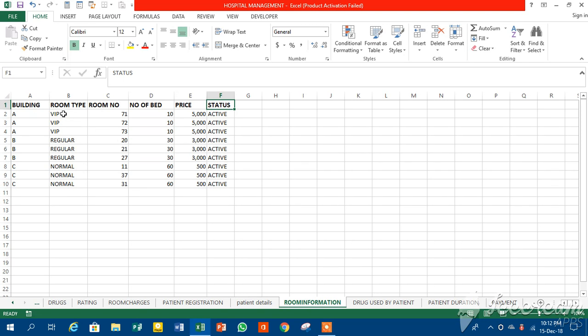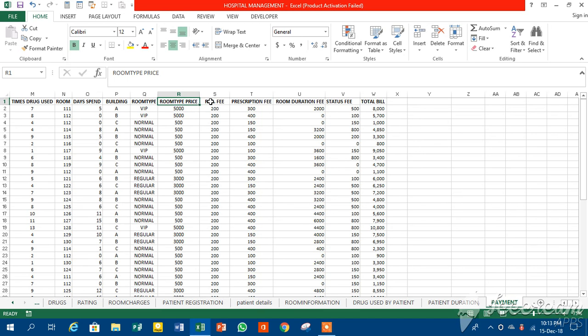That is, if the person is a VIP, the person should pay 5,000 Kenya shillings. If the person is in a regular standard, he or she should pay 3,000 Kenya shillings. And if the person is in a normal living standard, he or she should pay 500 Kenya shillings.